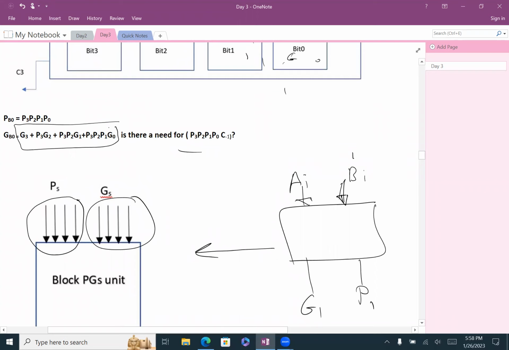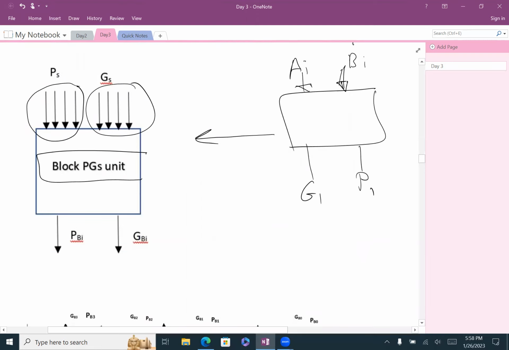But which G and B? Not the block, the original one. It's for the bit. So that's why your input for the block GB, which we name block B and G's, correct? That's the new block. That's the new circuit we needed. All right. And what's the input for that? It's gonna be the original B's and the original G's, correct?